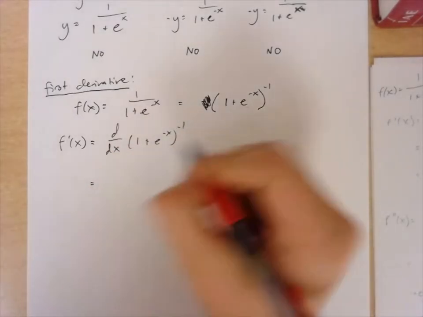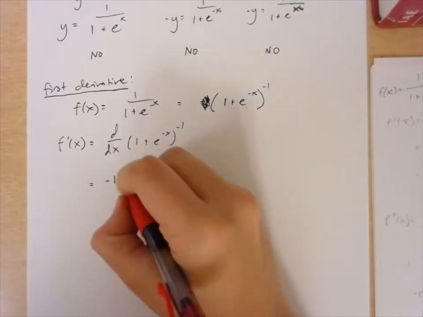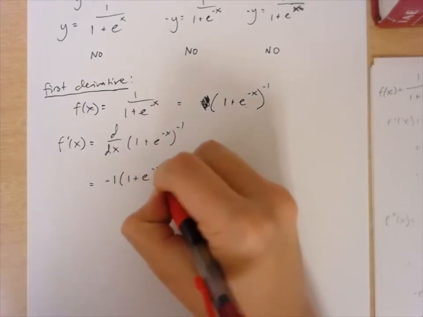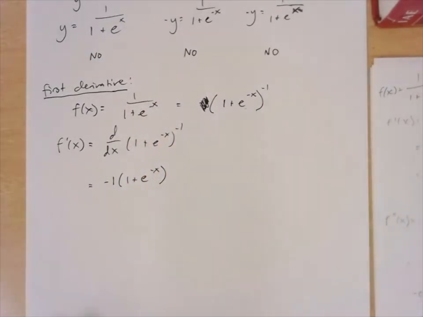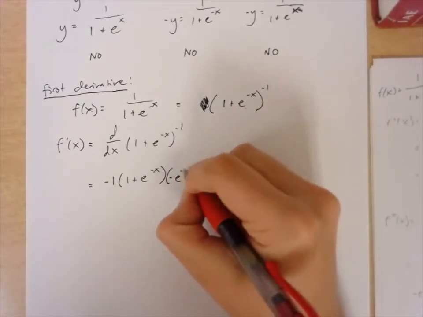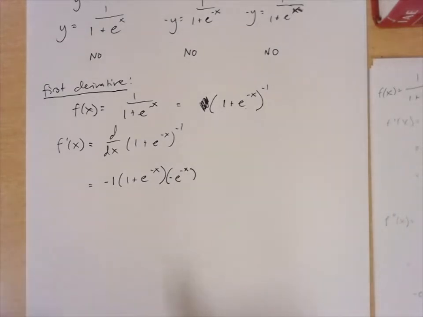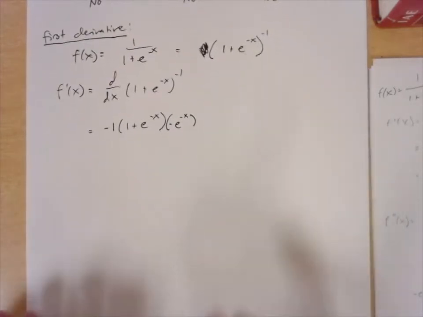So we're going to use the chain rule. I'm going to take that power negative 1 and put it in front. And then I'm going to take the derivative of the inside. And remember, what I get there is negative e to the negative x, because the derivative of e to the negative x is itself, used by the chain rule.